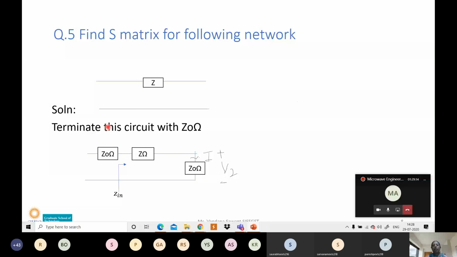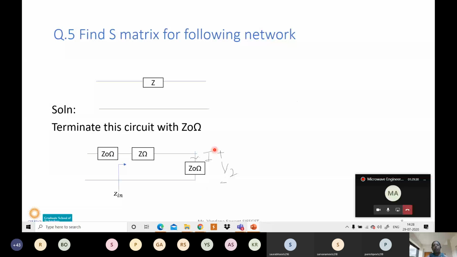Now in this circuit, the current flowing through the terminating resistance Z0 is I, and the voltage drop across Z0 is V2.